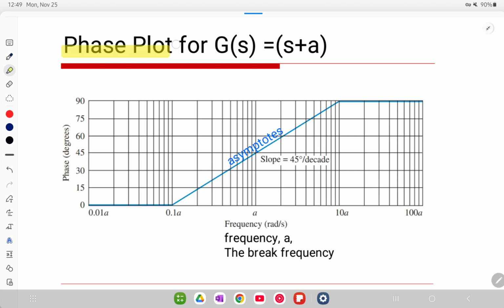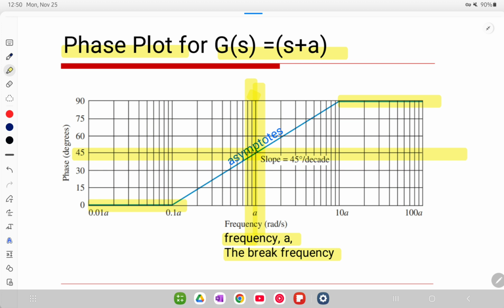For a phase plot for G(s) equals s plus a, what happens is the phase is at a slope of 45 degrees per decade at the frequency of your interest, that is A, the break frequency or cutoff frequency. That will be exactly at 45 between 0 and plus 90.